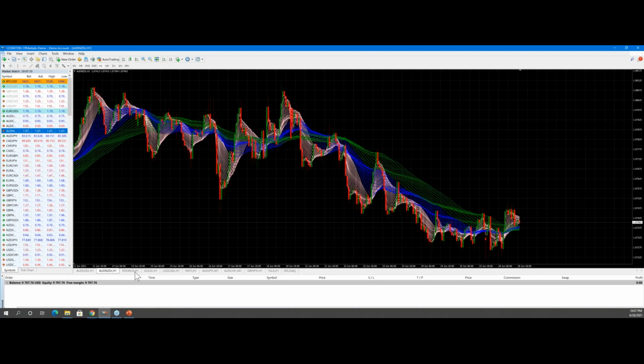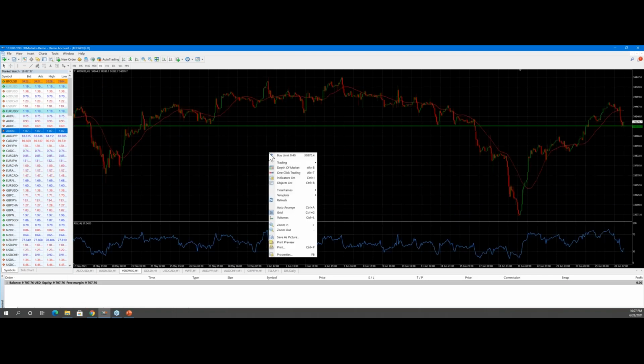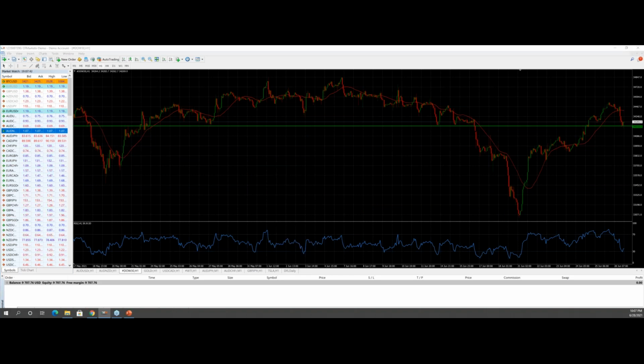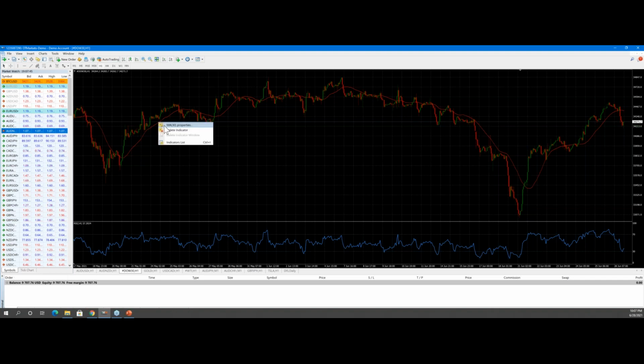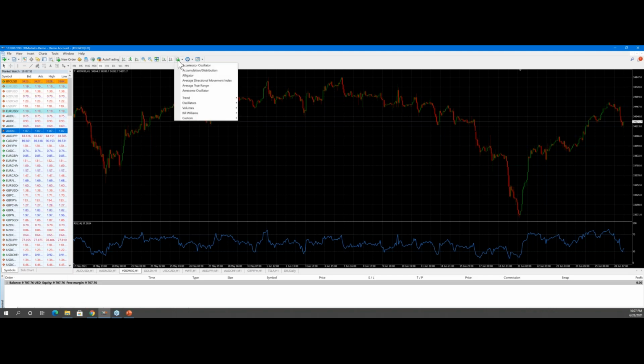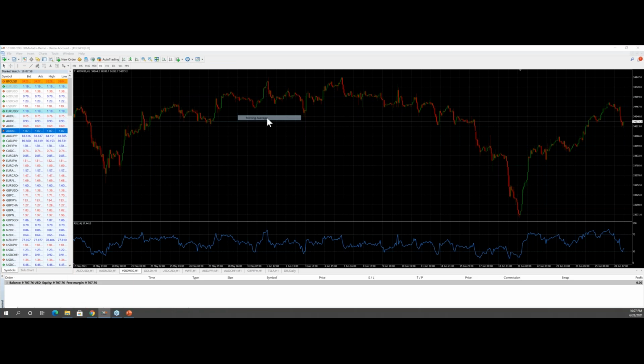So how do you add the moving averages? I will delete all of the lines mentioned here so beginners know how to add the moving average. You go to the indicator list, then you go to Trend, then you choose Moving Average, and then you choose the period.